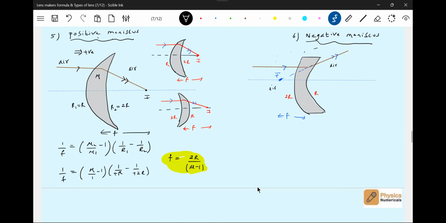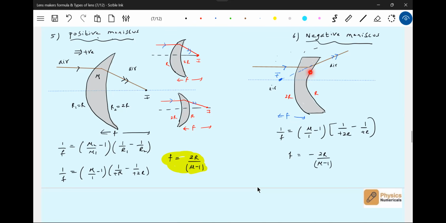Okay, now you see this. Again, the same formula. Mu 1, this will be plus 2r, plus r, minus 2r by mu minus 1.